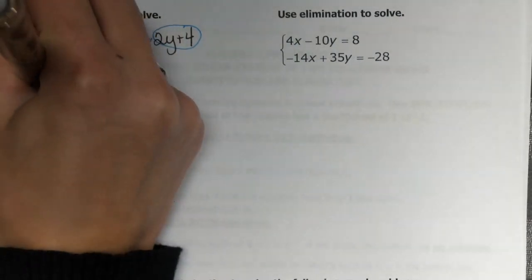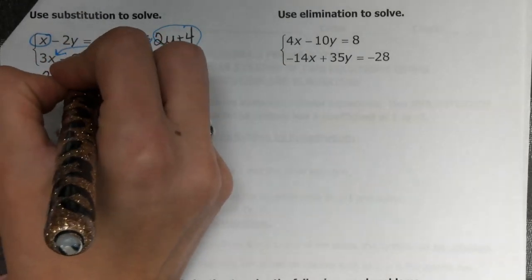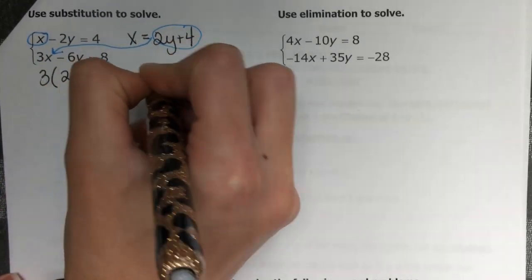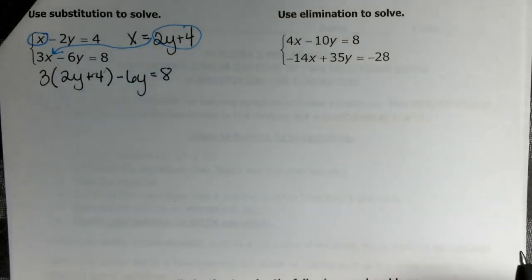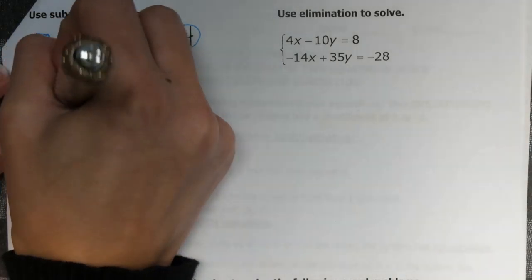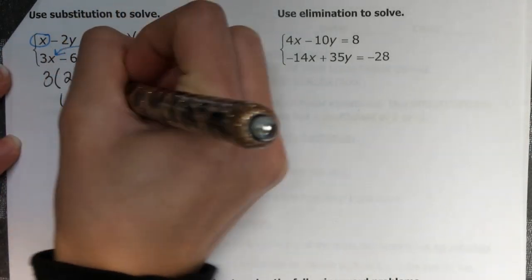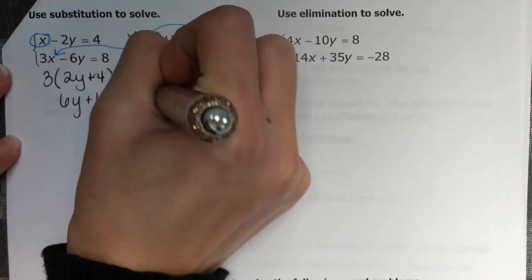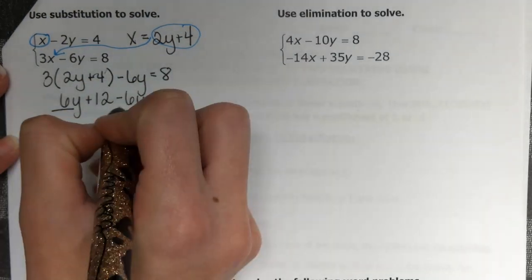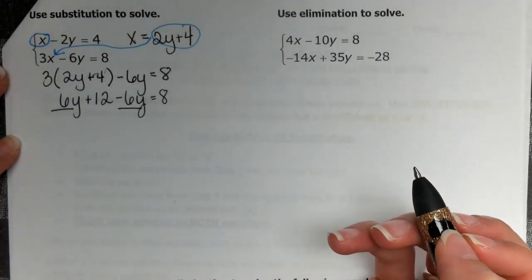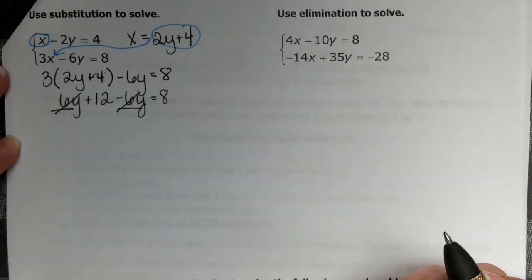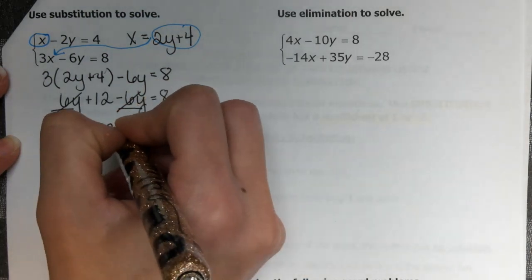So I've got 3 times 2y plus 4 minus 6y equals 8. Distribute, and I get 6y plus 12 minus 6y equals 8. Combine my like terms. 6 minus 6, what happens? It's 0. It cancels. So I'm left with 12 equals 8.